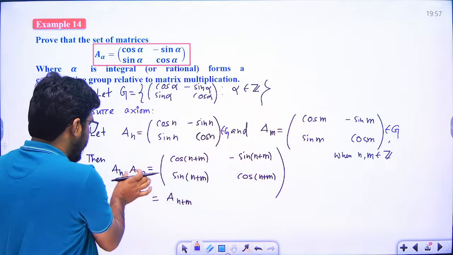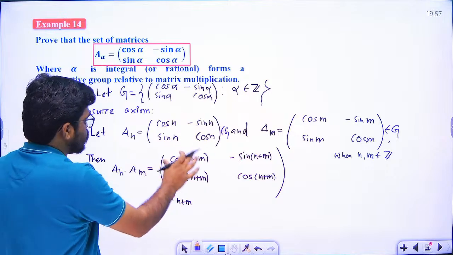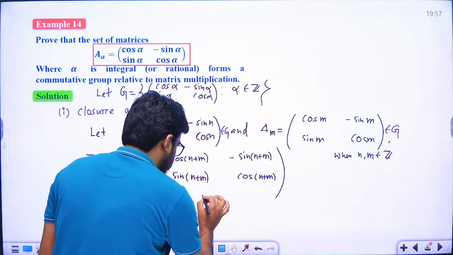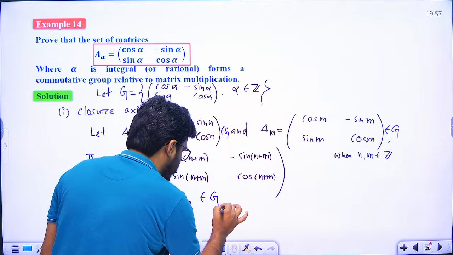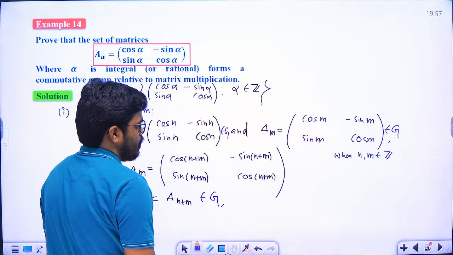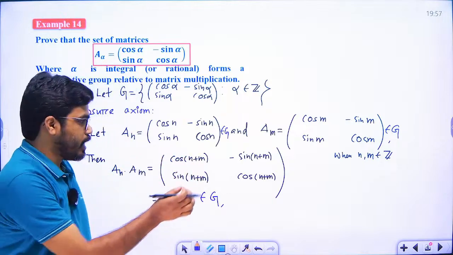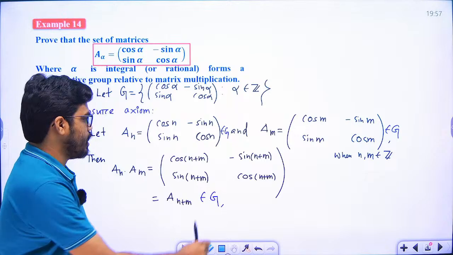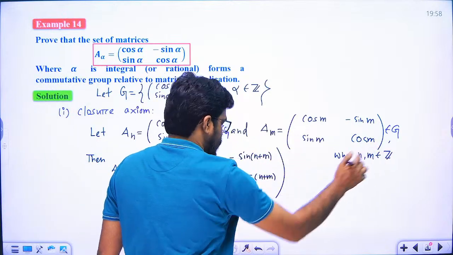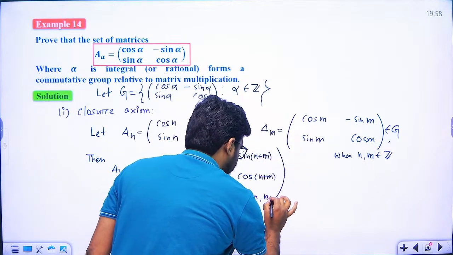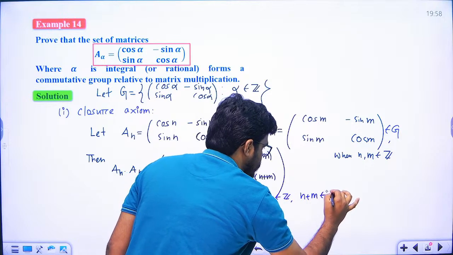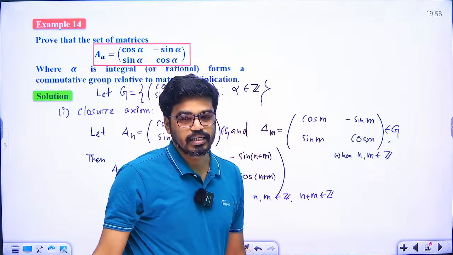So A n dot A m, we get this is of the form, so this also belongs to G, right? The sum of n and m, two integers, is also an integer. So n plus m belongs to Z, obviously.